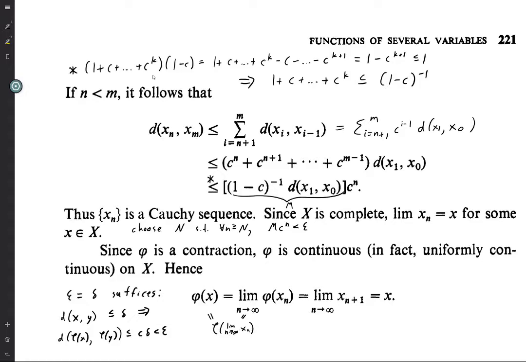capital M times c to the n is less than epsilon. And this has to hold for all n greater than or equal to capital N. This is certainly possible since M is just a positive constant, and c is a positive constant between 0 and 1.